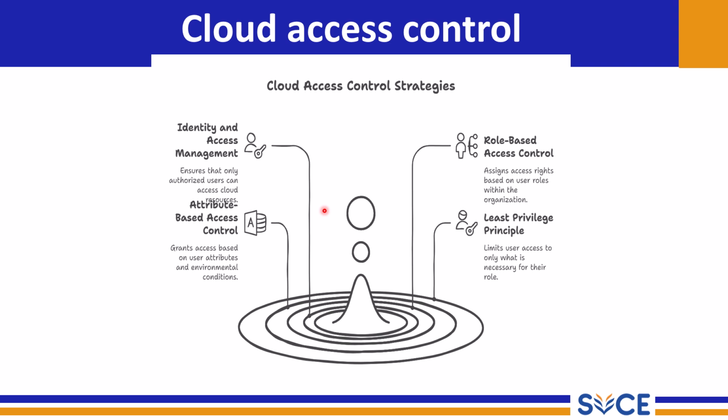As well as virtual private cloud, we have to do network segmentation, which is an effective strategy to minimize the impact of a security breach. We have to segment a cloud environment into distinct subnets or virtual private clouds based on different security requirements. We have to apply access control lists and security groups to regulate the traffic flow between these segments, and we have to enforce strict firewall rules.